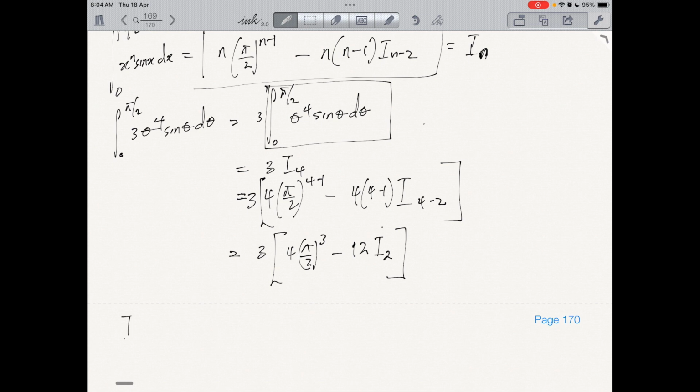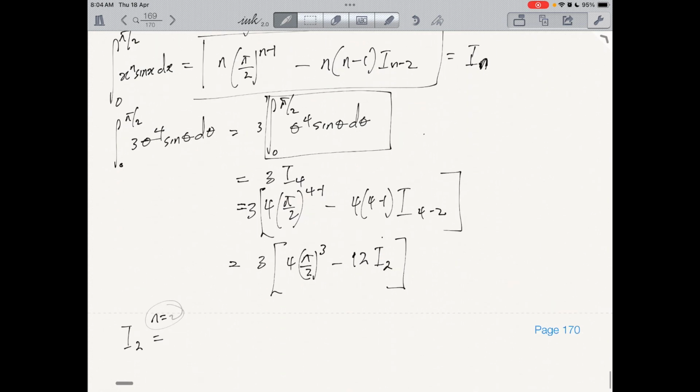So I2 will be when n is equal to 2 in In. Wherever we see n, we'll change it to 2. So that will give us 2 into pi over 2 raised to the power 2 minus 1 minus 2 into 2 minus 1 into I 2 minus 2.